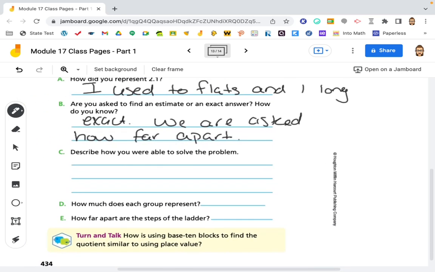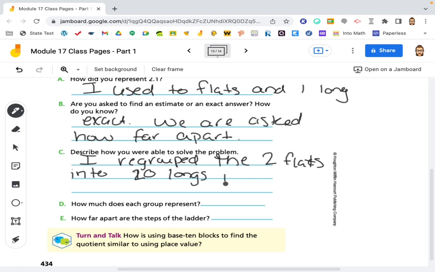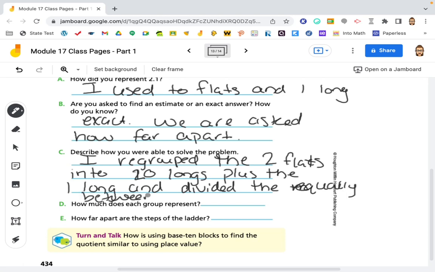Describe how you were able to solve the problem. I regrouped the 2 flats into maybe 20 longs plus the 1 long and divided them equally between groups.